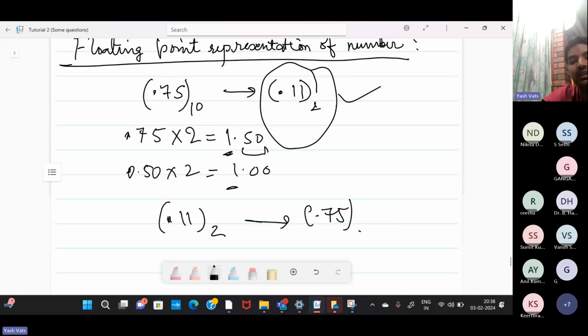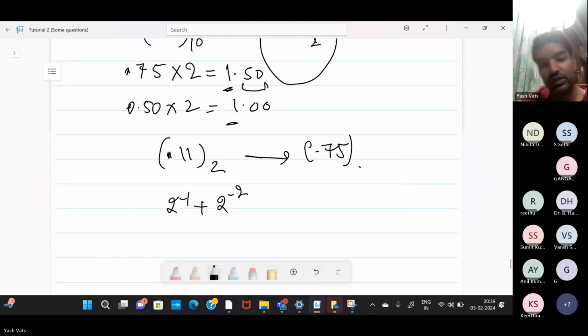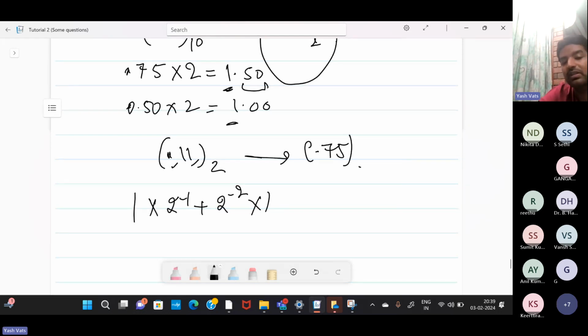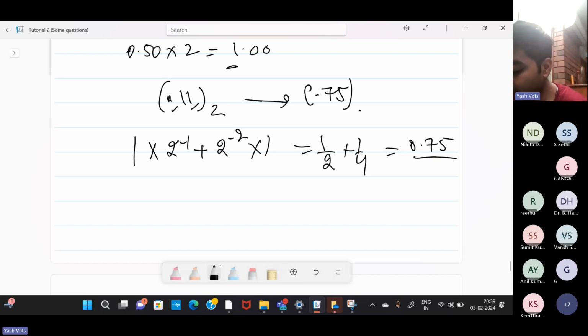How do you do that? 2 to the power minus 1 plus 2 to the power minus 2, into 1 of course. Just multiply these terms and sum them. So what is this? 1 by 2, which is 0.5, plus 1 by 4, which is 0.25, giving 0.75. Is it fine? So this number is recovered.